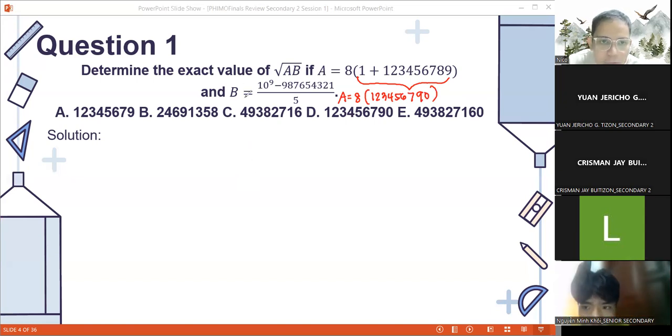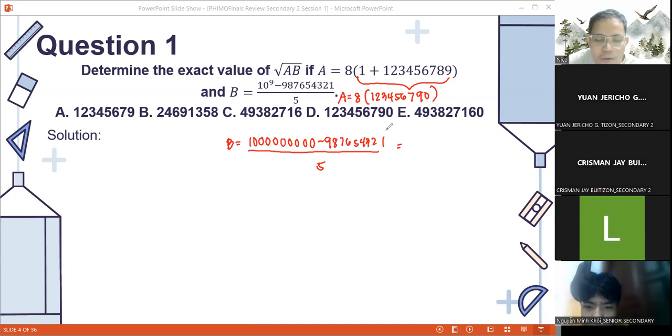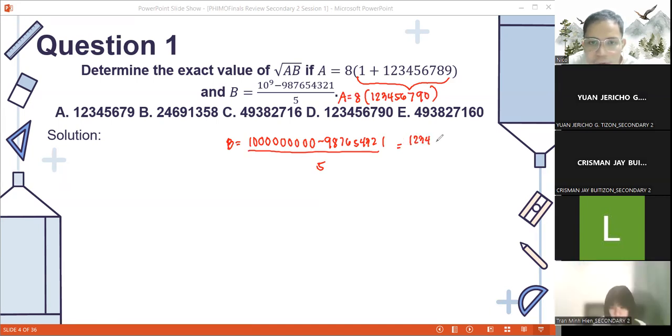For B, 10 raised to 9 is 1,000,000,000, minus 987,654,321, so we subtract the two numbers. In return, you get 123,456,789 over 5. So far, it's still basic addition, right?